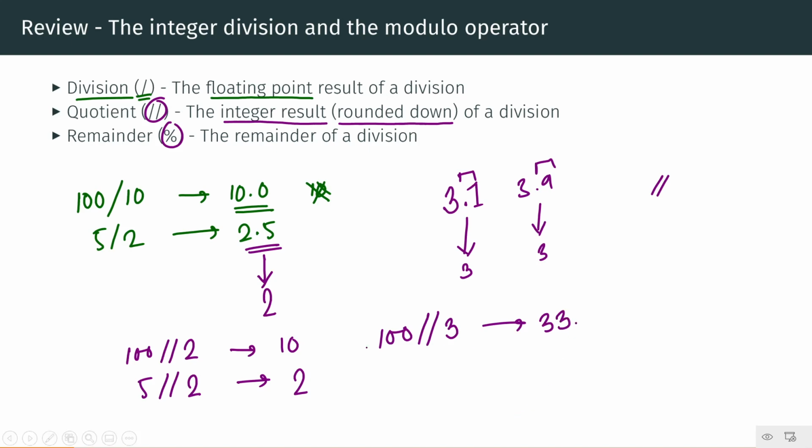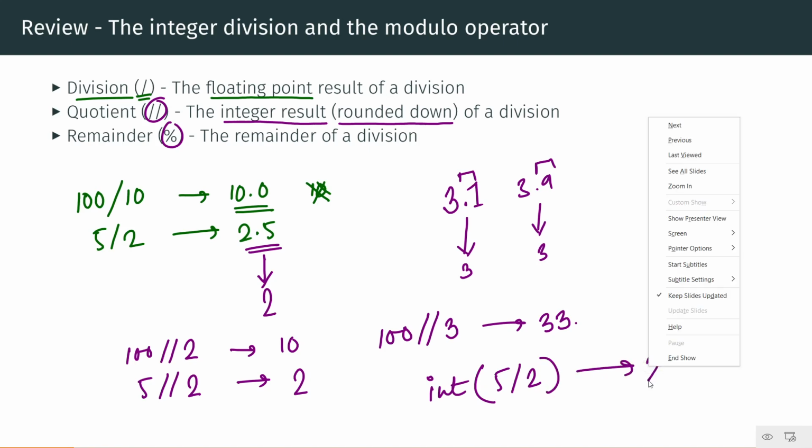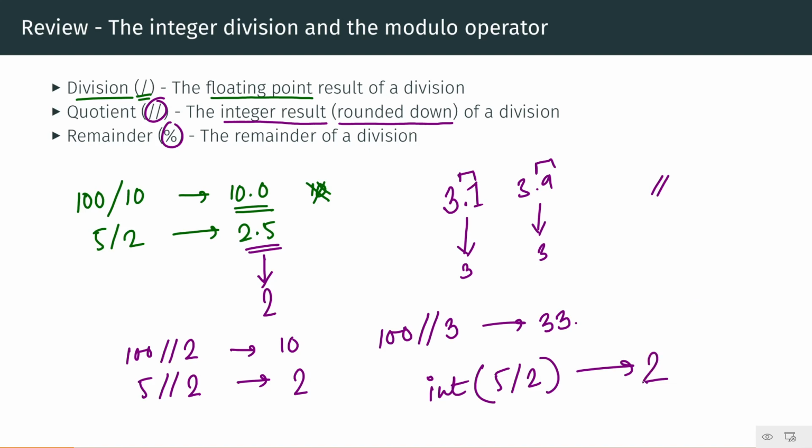Now there is another way of achieving the same result. If you do something like int of some division, for example, int of 5 over 2, this will also give you the same result, 2, right? So essentially these two statements are equivalent.